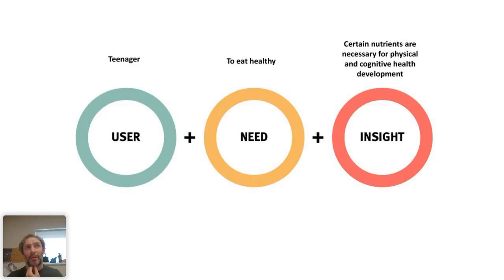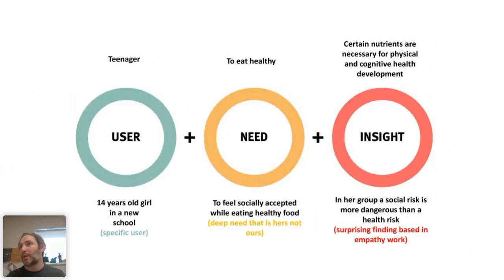So after speaking to them and drawing out their underlying needs and motivations, it should look something a wee bit more like this, where you've got your user persona. It's a 14-year-old girl in a new school, so you've got a specific user. What she needs is to feel socially accepted while eating healthy food. So that's her need, not one we've come up with for her.